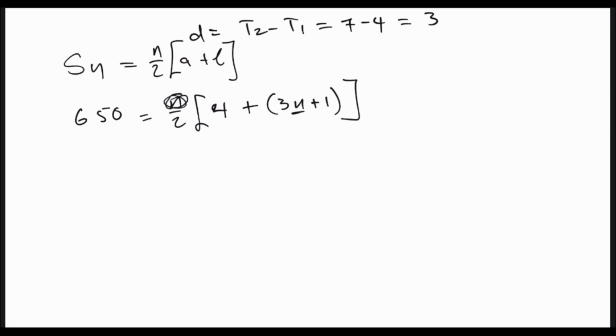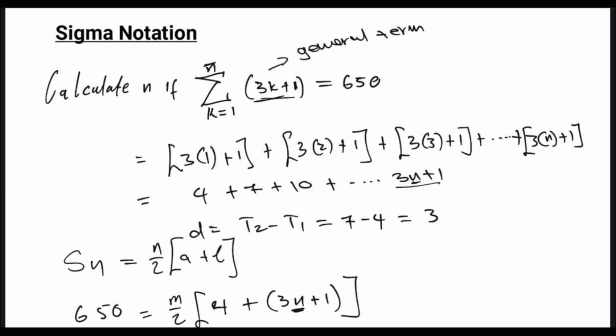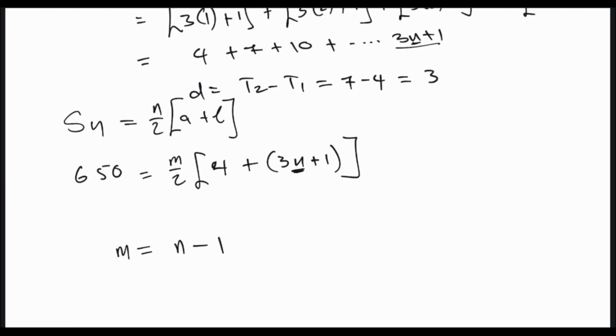So I would like to change, please allow me to change this into m, right? And we are looking for this n. So the value of this m here is equal to n minus a1, which is the first value that we plugged in, plus a1, right?